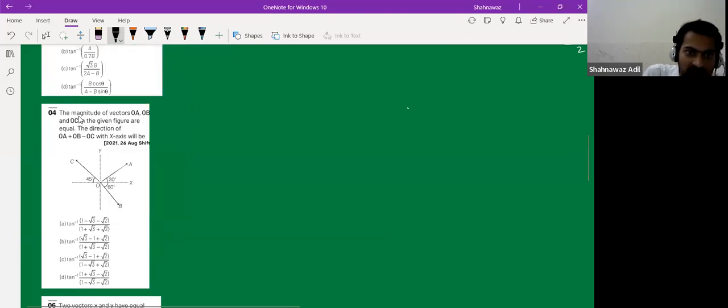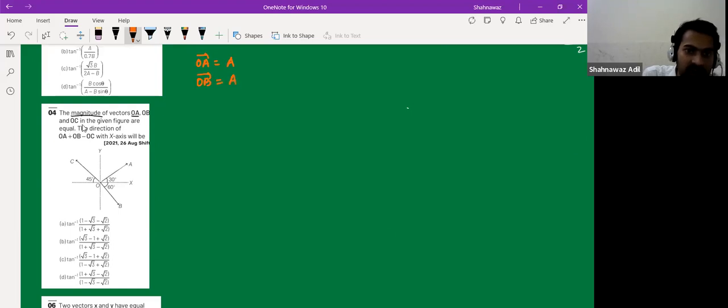So the magnitude of vector OA, let's say, is L. And the magnitude of OB is L, because these are equal.